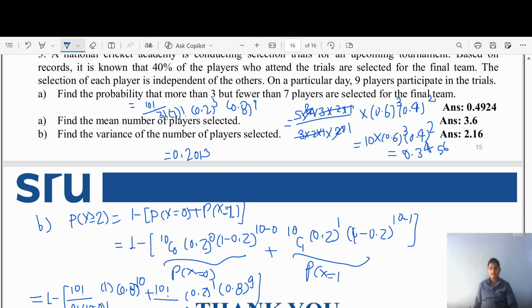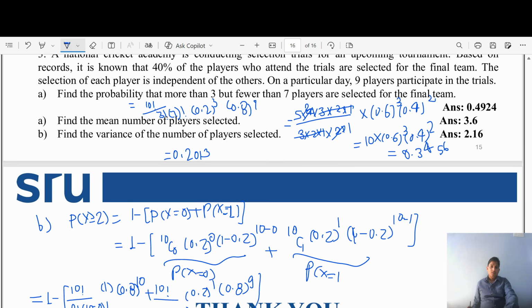So the required answer is 1 minus 0.8 to the power 10 plus 10 into 0.8 to the power 9.